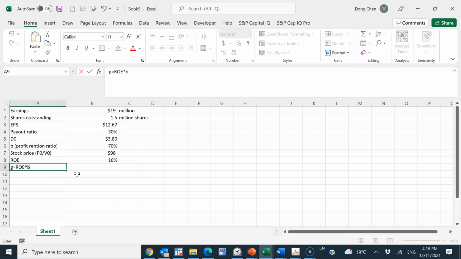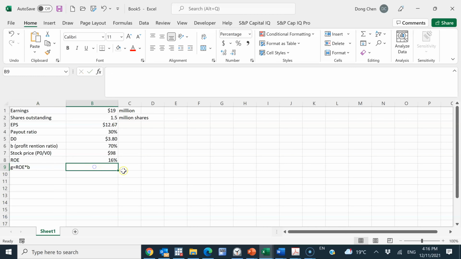Sustainable growth rate is ROE times b divided by 1 minus ROE times b. So this is very similar. And then from that, we can calculate this small g, right? This equals ROE times this profit retention ratio.